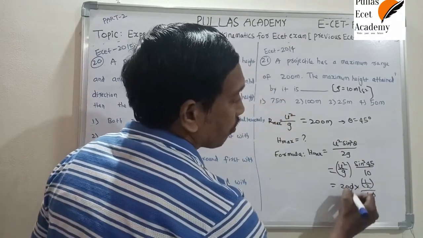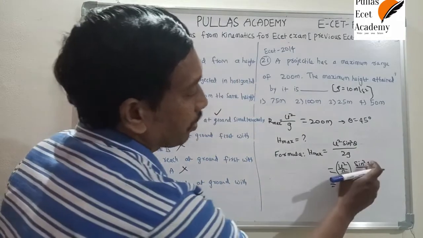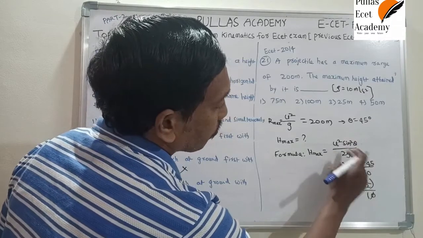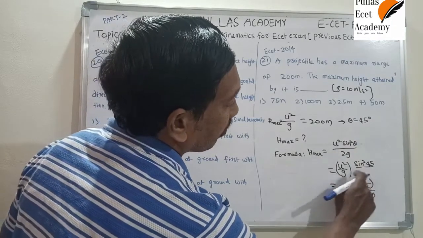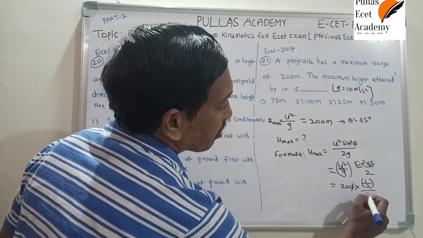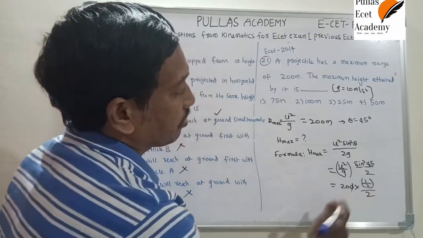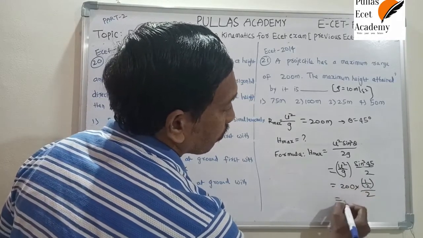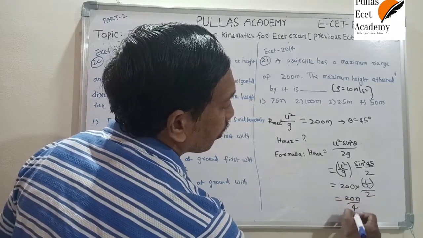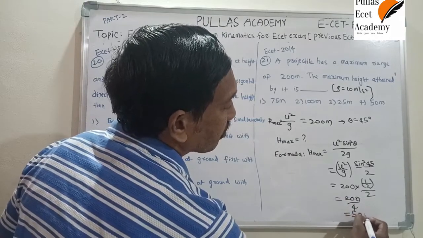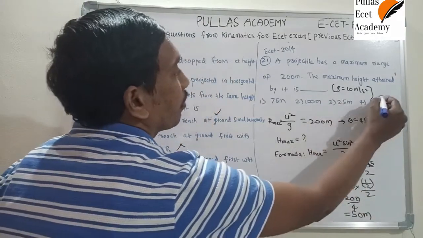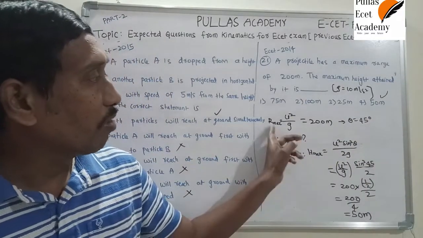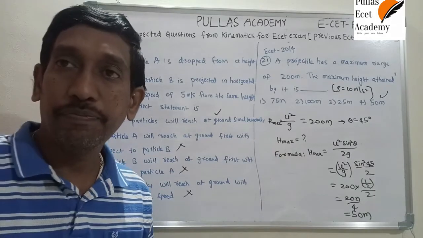Okay, now these two are cancelled. 1 by root 2 whole square is 1 by 2. This 2 is here. That is u square by g by 2. So then finally this is 200 by 4. 200 by 4 means 50 is the answer. What is the answer here? 50 meter is the maximum height. So this is about the model on oblique projectile.